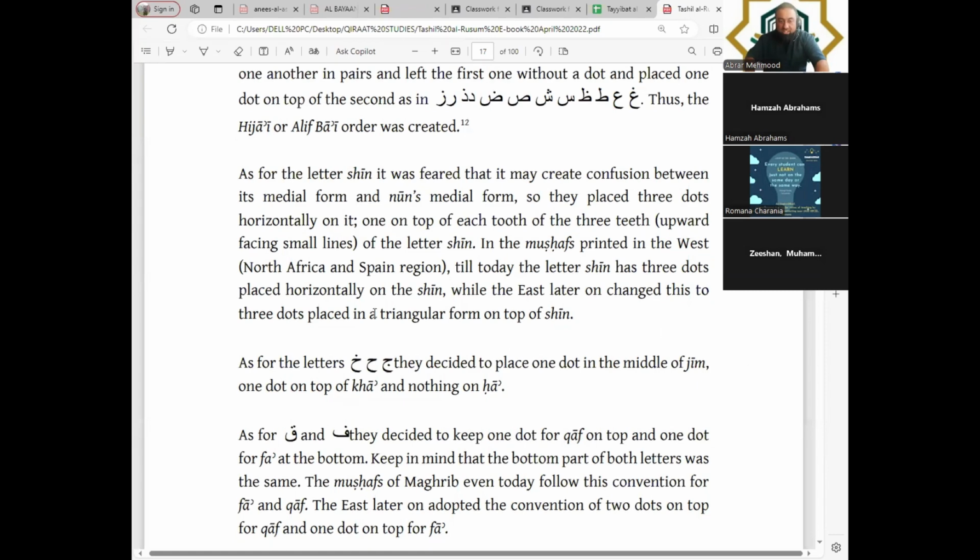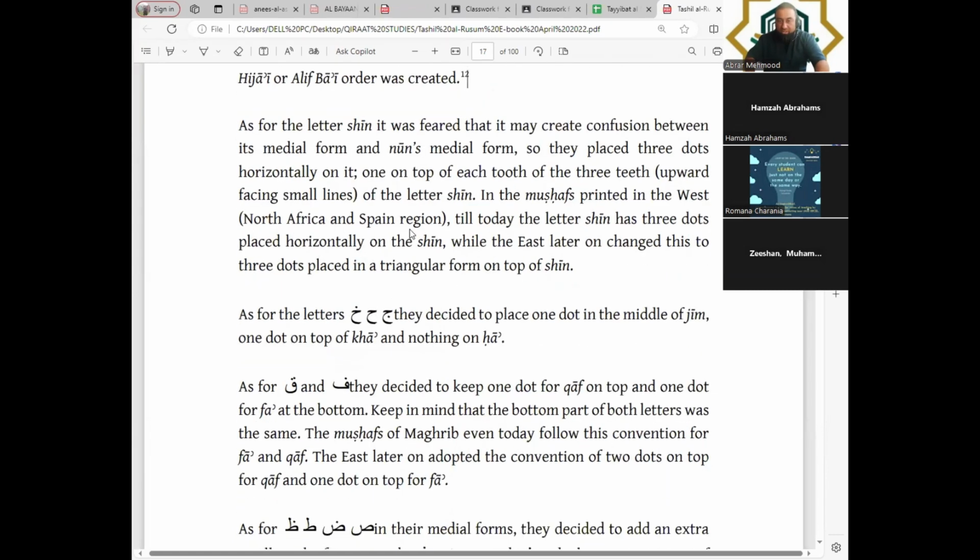So here again, as you can see, North Africa and Spain have been referred to. When it talks about medial, it means middle. As for the letter Sheen, they didn't want to cause confusion with Noon, because Noon has a bit of a semicircle, and Sheen has semicircles as well, but it has a big semicircle which looks exactly the same as a big Noon.